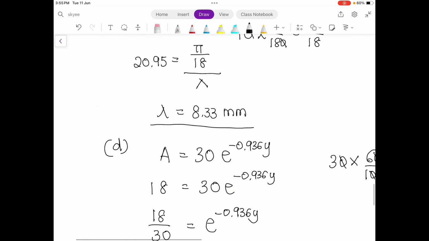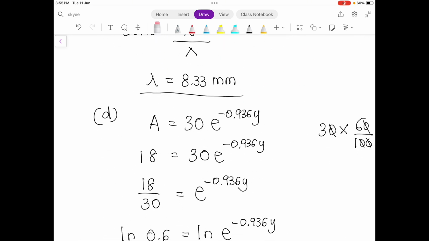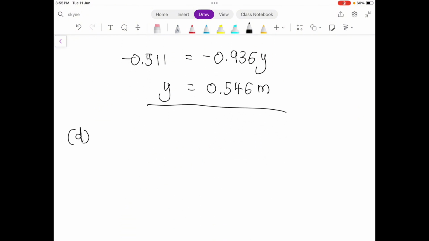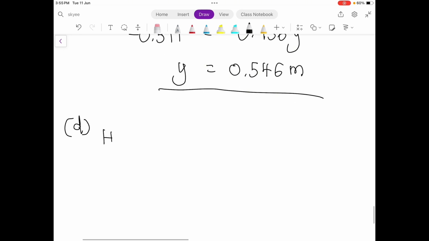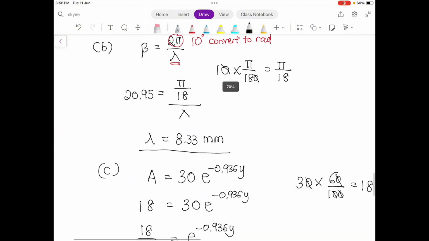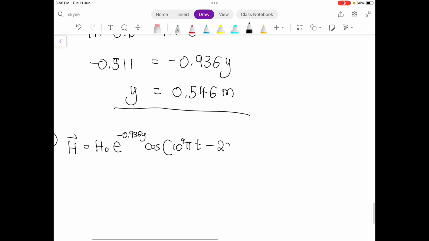Just now this one is A, B, this one is C, and let's find D. The magnetic field has its amplitude, and the attenuation constant is the same. So you have cos of 10 power 9 pi t minus beta, which is 20.95 y, plus pi over 4. It's the same thing, you just write.